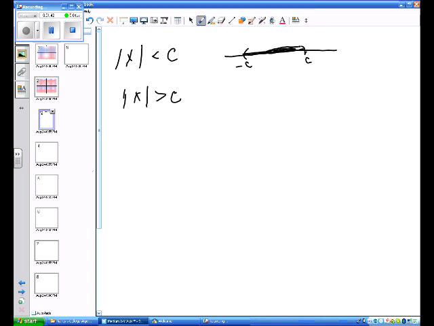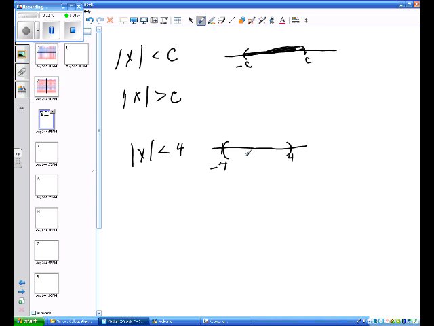So if we put some numbers to that, let's just say we had the absolute value of x is less than 4. Well, we're wanting all the numbers whose absolute value is closer to 0 than 4 and negative 4. Let's just stop and think.